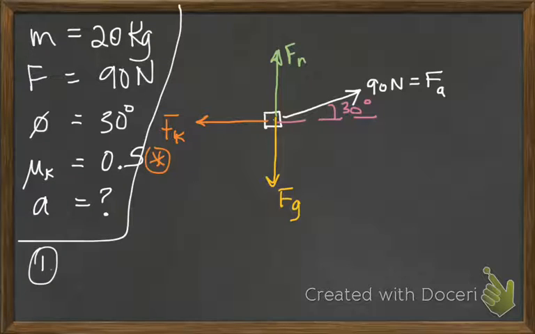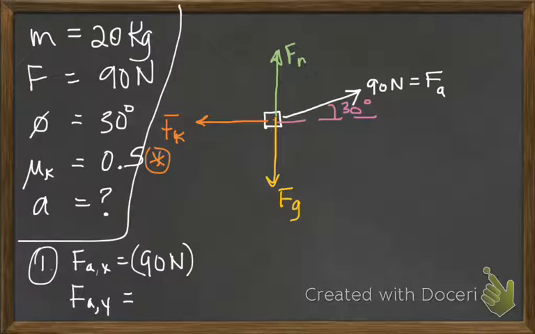So force applied in the X direction, and then you've got your force applied in the Y direction, if you're looking for those. What are we going to use to find the one in the X direction? 90 newtons times what? If I think about my sine and my cosine, sine is opposite over hypotenuse.